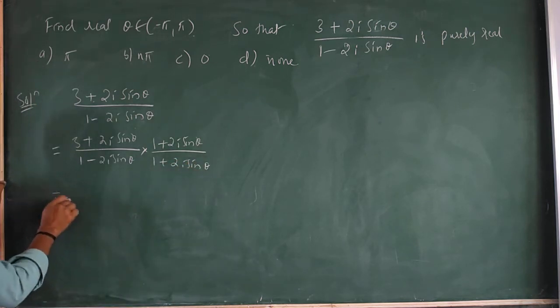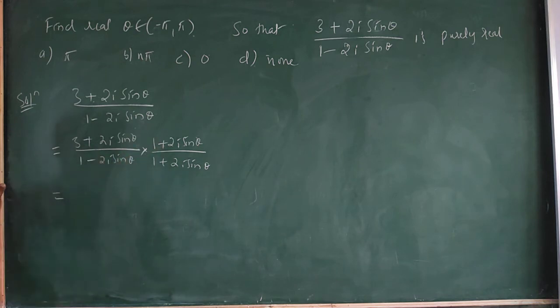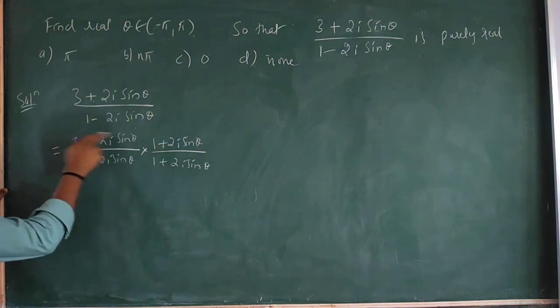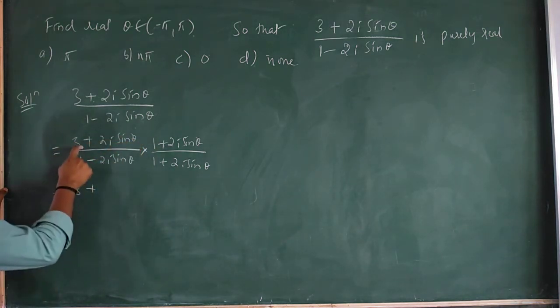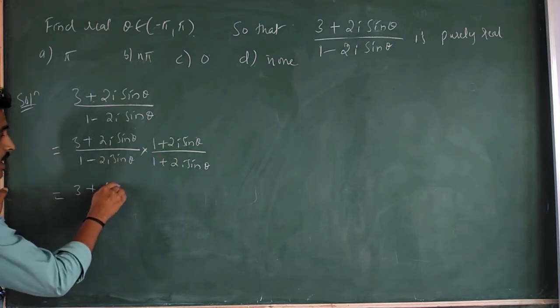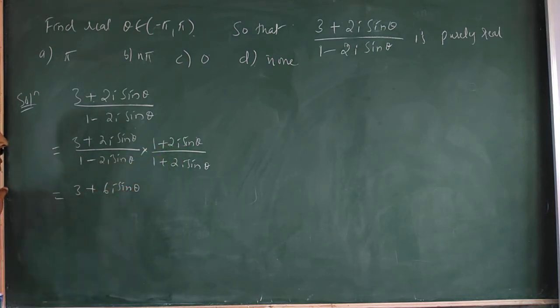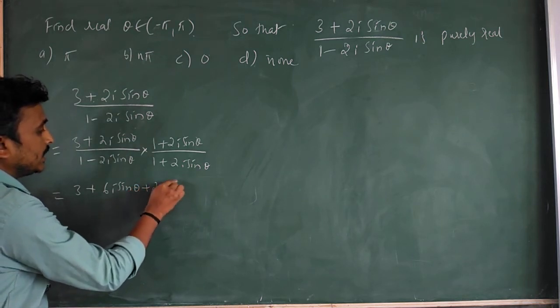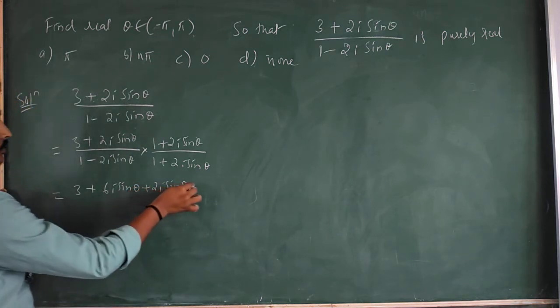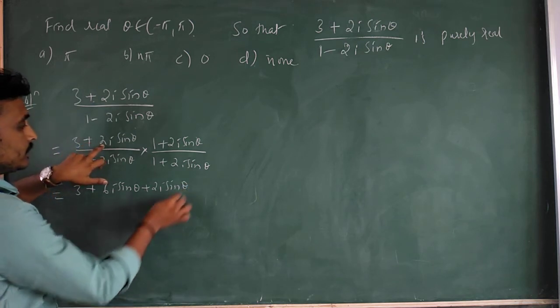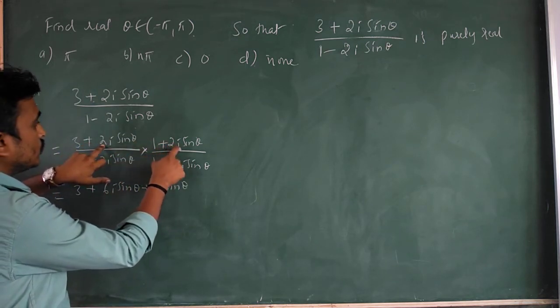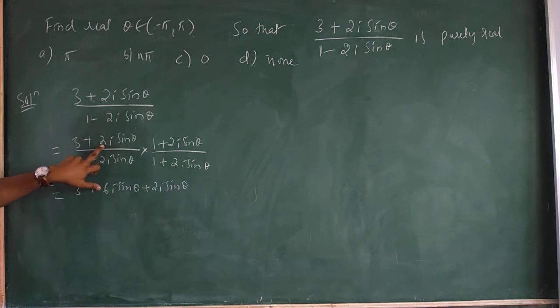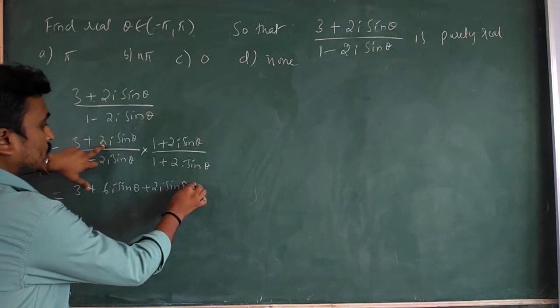Which equals, multiply the numerator: 3 into 1 is 3, plus 3 into 2i sin theta is 6i sin theta, plus 2i sin theta into 1, plus 2i sin theta into 2i sin theta, that is 4i square sin theta.